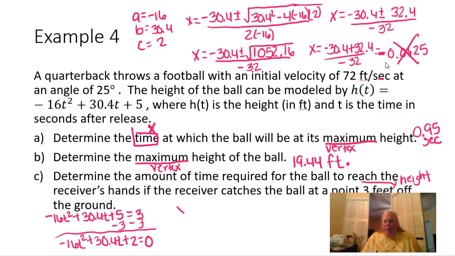All right, let's try our other one. We can also have negative 30.4 minus 32.4 divided by negative 32. Okay, let's put that into the calculator and see what we get. And that's going to give me 1.95. And remember, our time here is going to be in seconds. So it takes almost 2 seconds for the receiver to catch the ball about 3 feet off the ground.